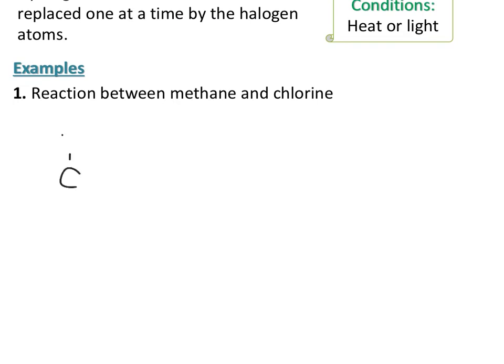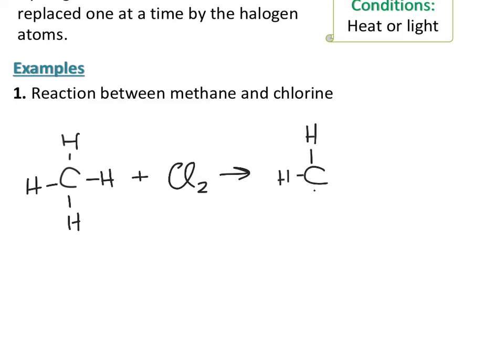Methane, CH4, there's all my H's. Remember, chlorine is diatomic. Now, what happens here is only one hydrogen will get replaced. So the first time we do it, we only end up with one. Then we end up with HCl. Now, obviously, it makes absolutely no difference which hydrogen comes off, but one of them would come off.